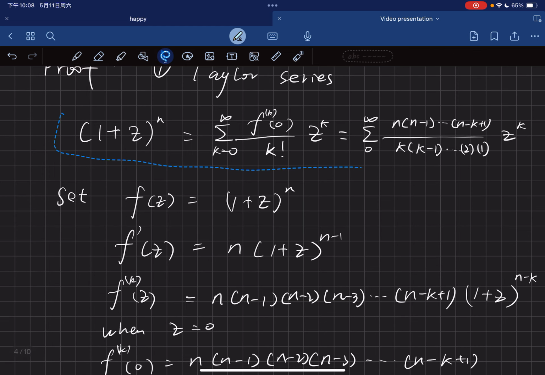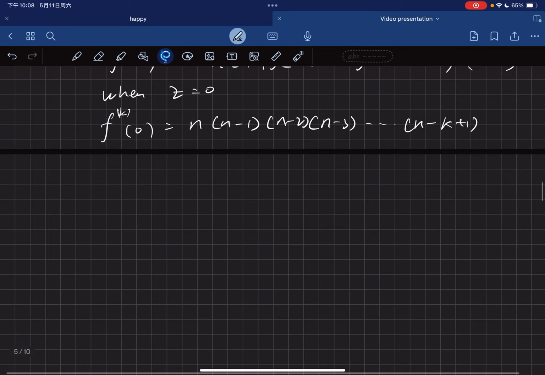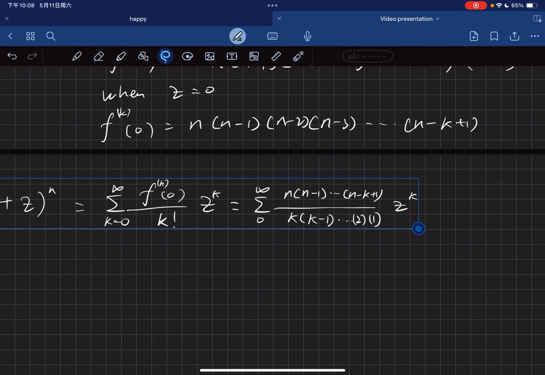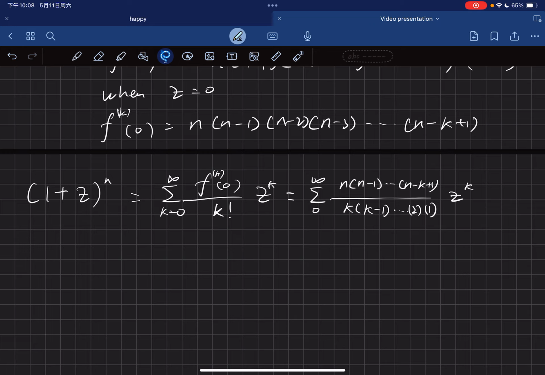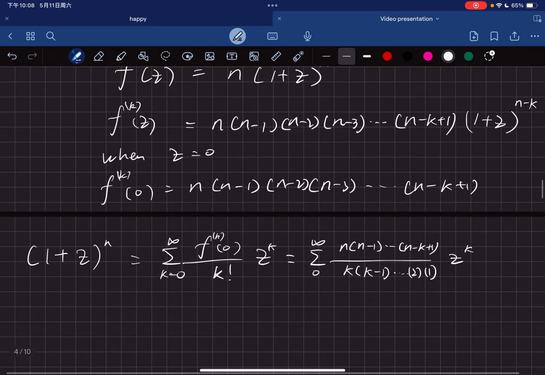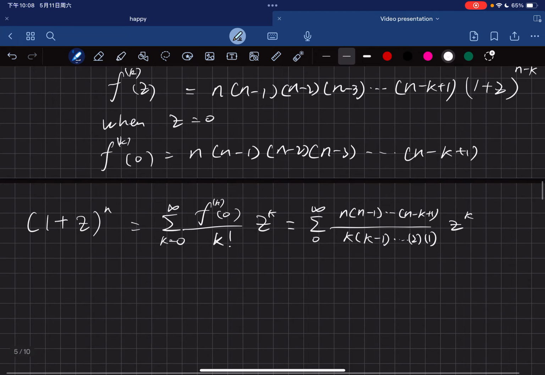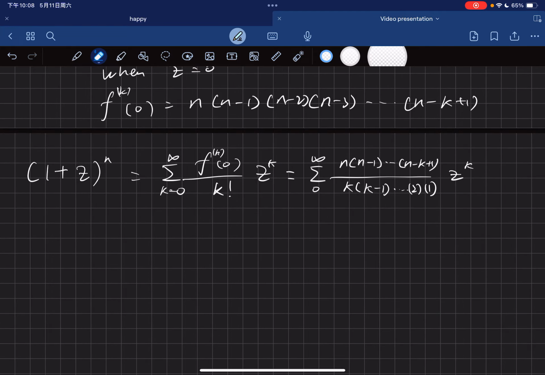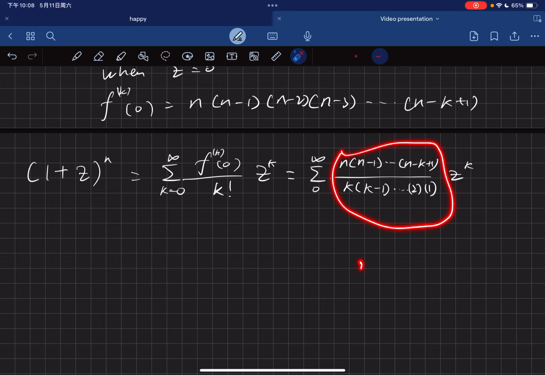So we get this equation, and we can write this part as a combinatorial number for n.